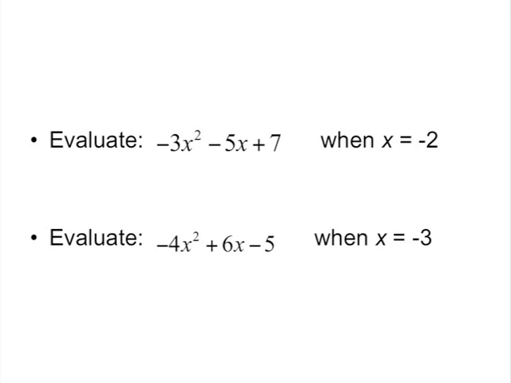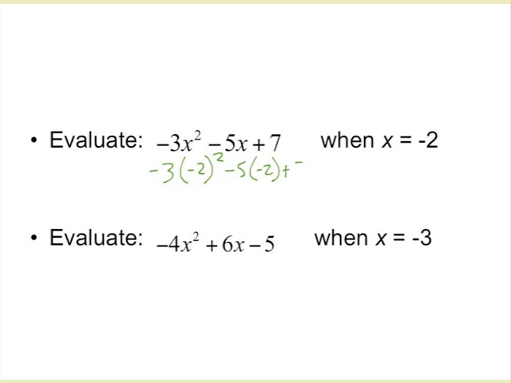So in evaluating these expressions, what we're going to do is take the number given and put it in x's spot, in parentheses. So I'm going to put a negative 2 in for x, and I'm going to put it in parentheses. As we saw in our very first couple examples, those parentheses can make a difference.